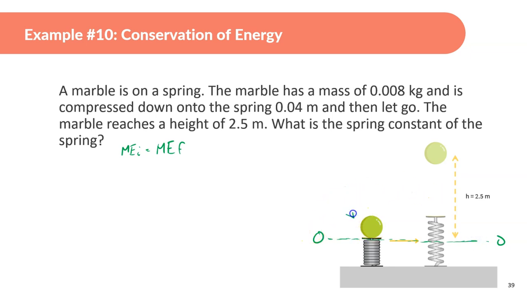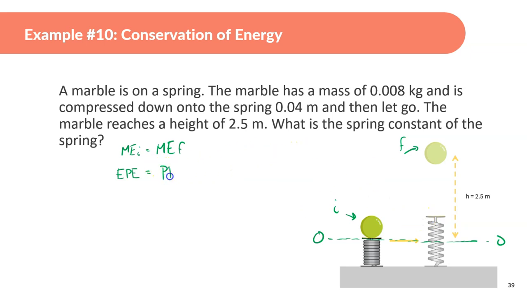So this is going to be the initial, and the final is going to be the highest point here. So kind of like what I said at the beginning, at the very beginning, there's only elastic potential energy. It's at the 0 line, so no potential energy, no kinetic energy because it's not moving at the very beginning. At the highest point, it's momentarily 0 velocity, and it's not stretching a spring, so no elastic potential energy.